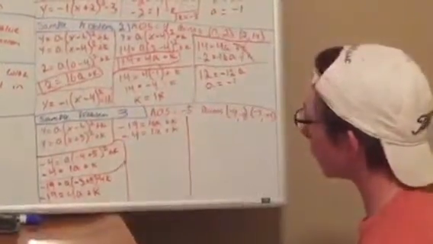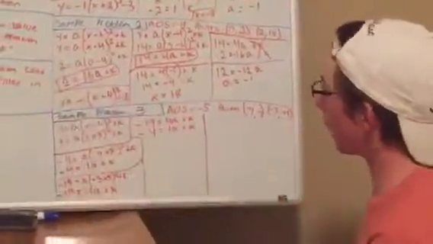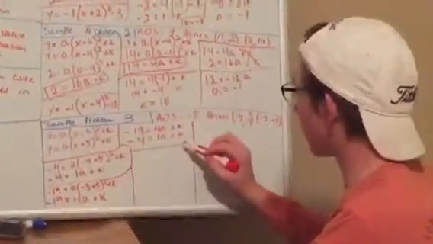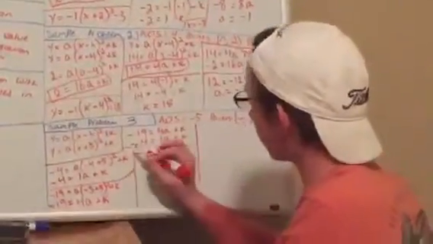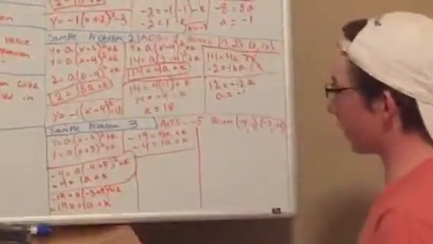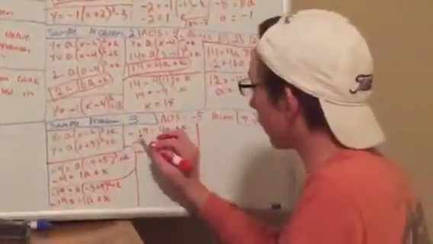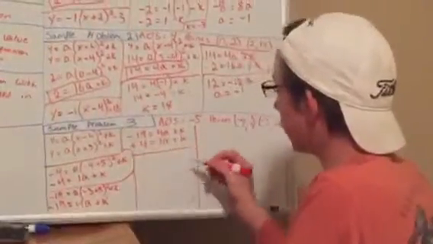Once again, we're going to solve by elimination. So let's multiply this bottom one by negative 1. Since negative 1 times negative 4, they're both negatives, that turns into a positive.